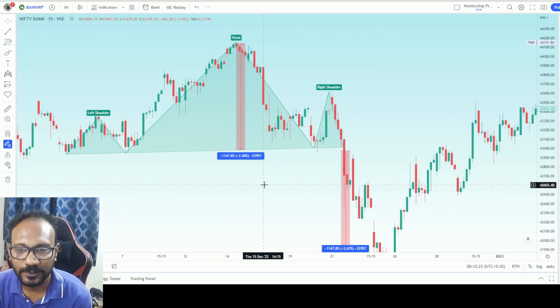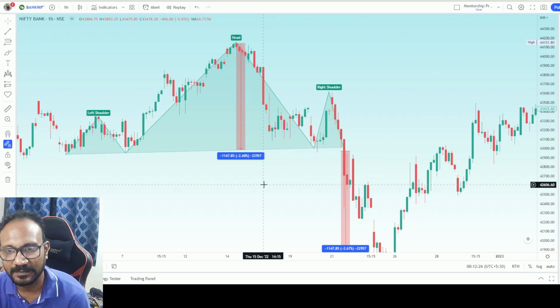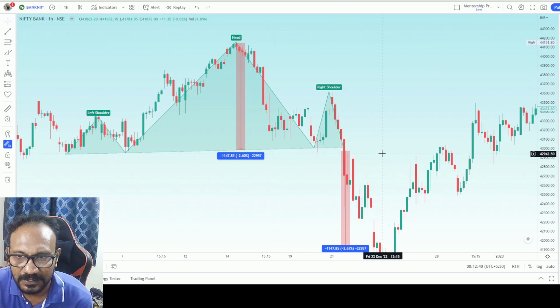Not in one particular stock or one particular index. If you randomly open some 5 to 10 stocks, definitely at least 2 or 3 of them will have a head and shoulder pattern. You just need to go through a little bit of backward data to figure out where this pattern has formed. That's it, right? So you have a good head and shoulder pattern example here.